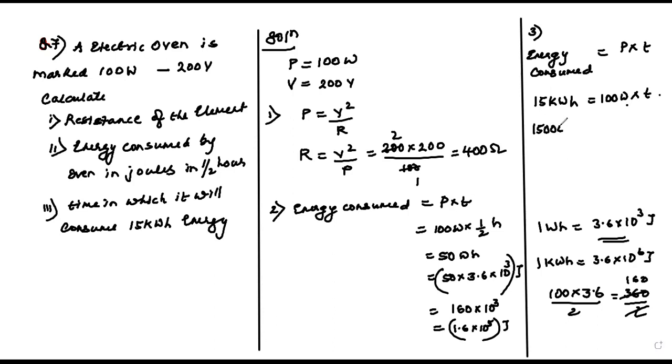So 15,000 watt hour is equal to 1,000 watt into T. Now 1,000 watt will get cancelled, so T is equal to 15 hours. Sorry, 15,000 upon 100 gives T is equal to 150 hours. 150 hours is the answer, children. I hope everybody understood this simple sum. We go to the next sum.